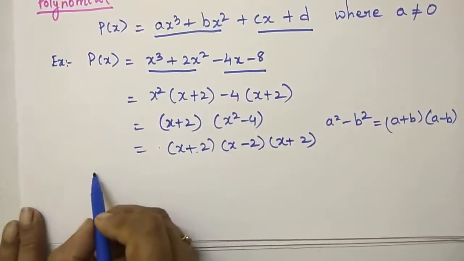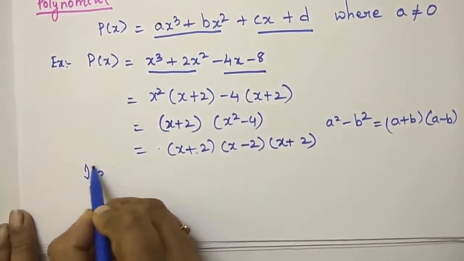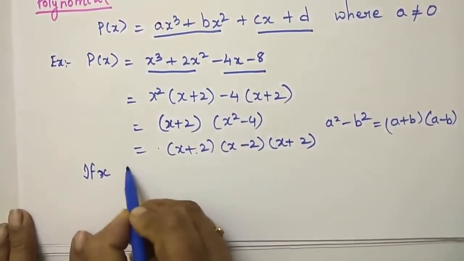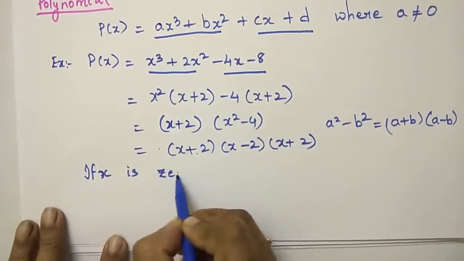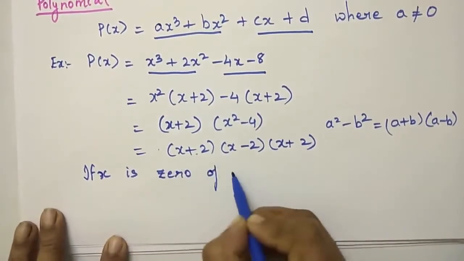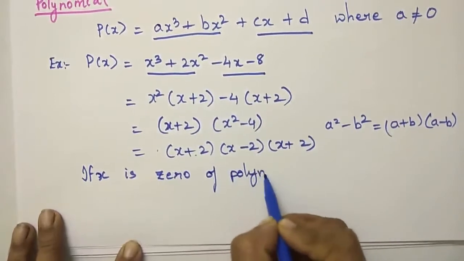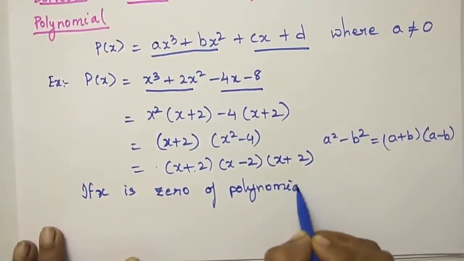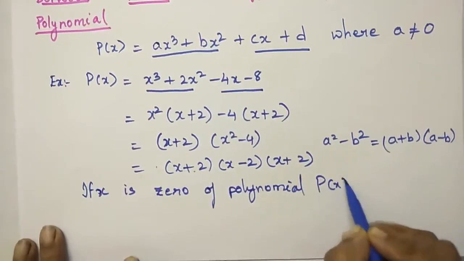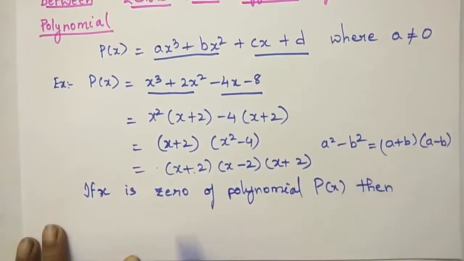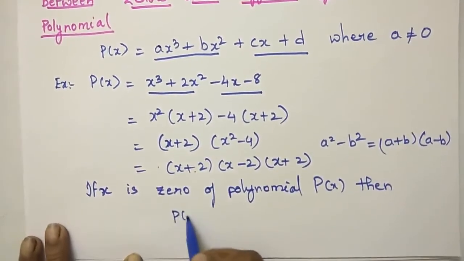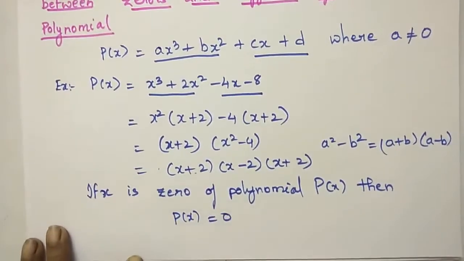Next, if x is a zero of polynomial p of x, then p of x is equal to 0. Is it not?